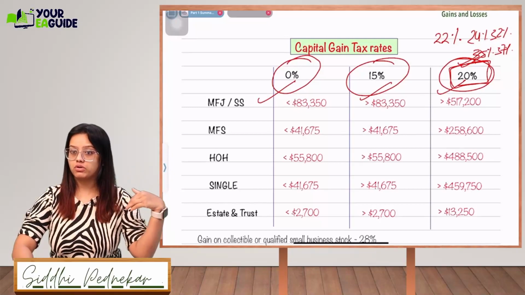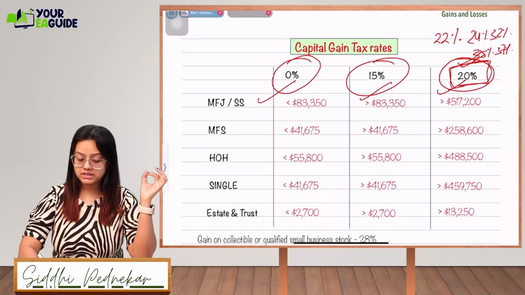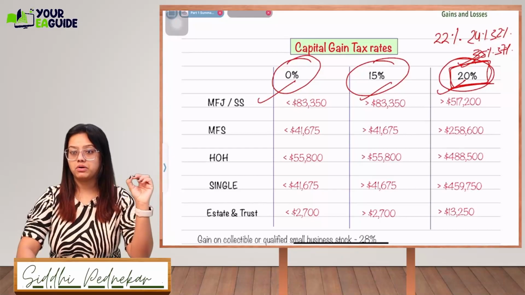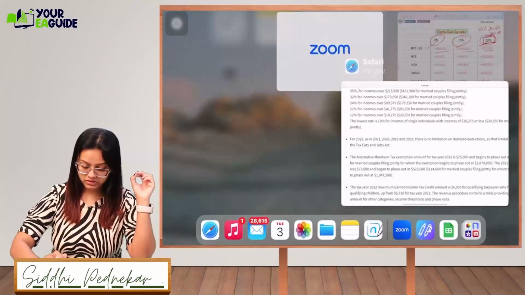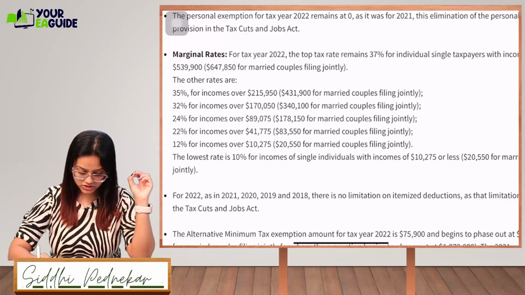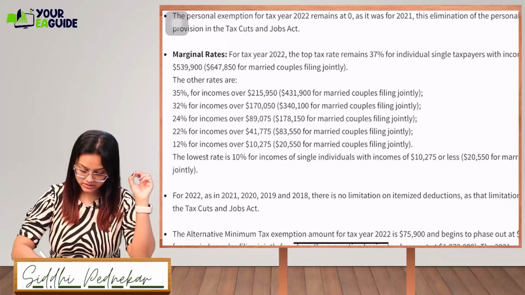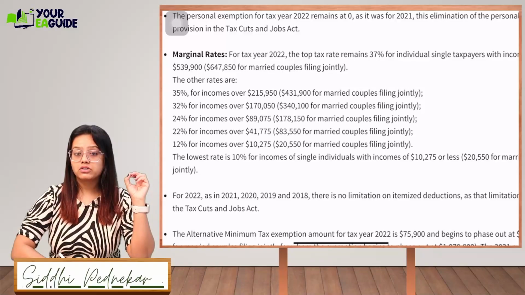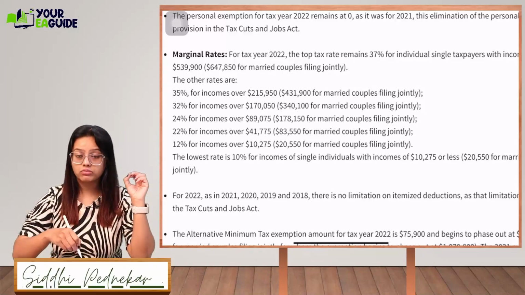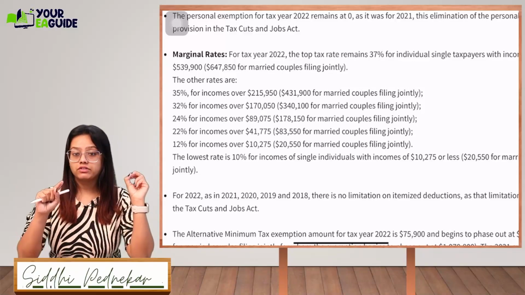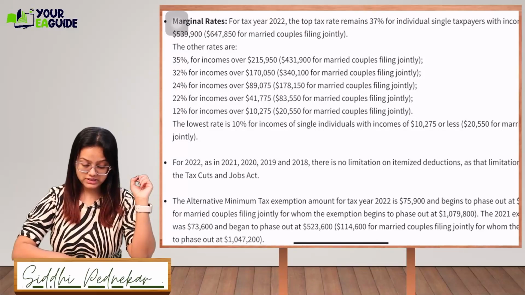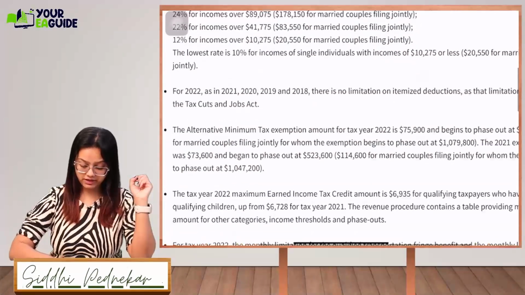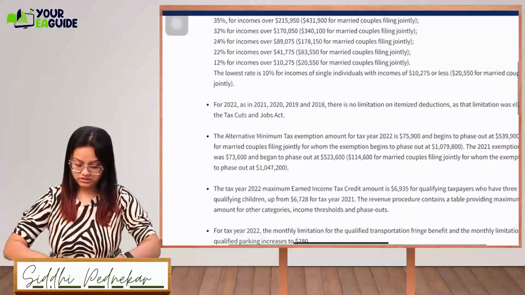If you're falling above 22%, the maximum chargeable to you is 20%. And see, these are nothing but your slab rates. I cannot mark over here, but you can see 83,550 for MFJ. All these MFJ rates are mentioned. See, the MFJ rate is 83,550, and for single it is 41,775.